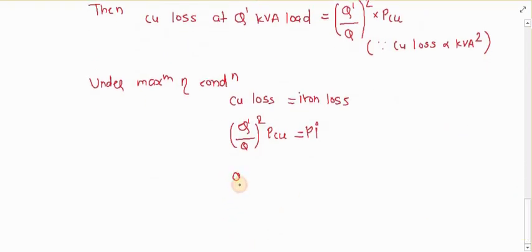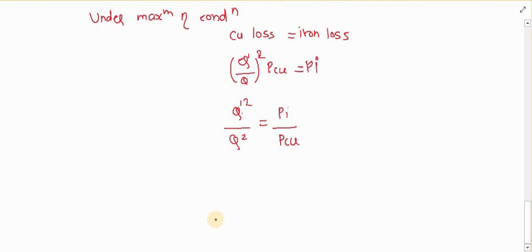So Q dash whole square upon Q square equals Pi upon PCU. What is PCU? Copper loss at full load. So from this I can write Q dash whole square equals Pi upon PCU into Q square.